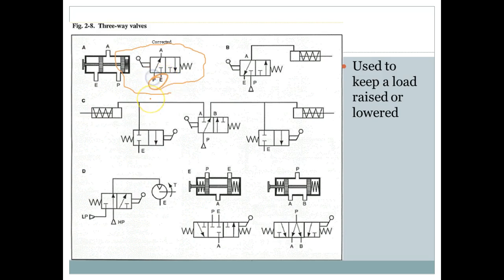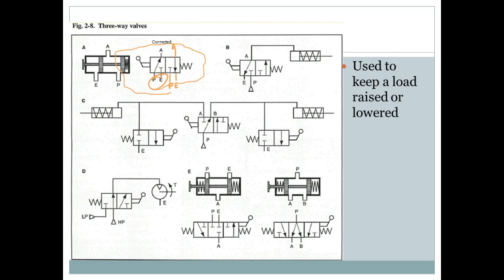So these are identified in the normal position. Well, where's the normal position going to be on this one? It's going to be with the spring. The spring is going to push it to its normal or inactive position. So this should be over here. This A and this P and this E should be on the right. But the guy that drew it drew them on the left.